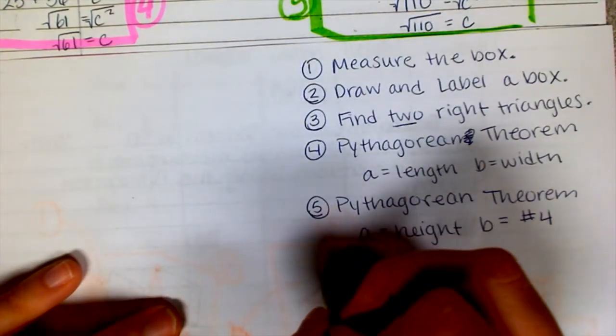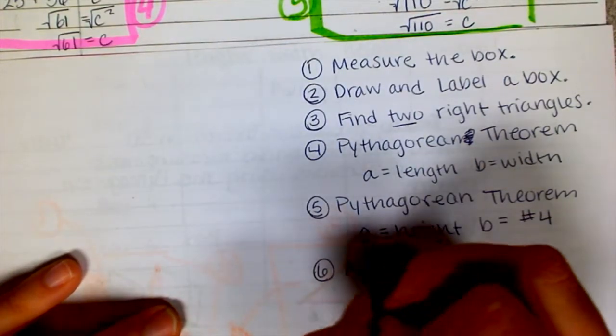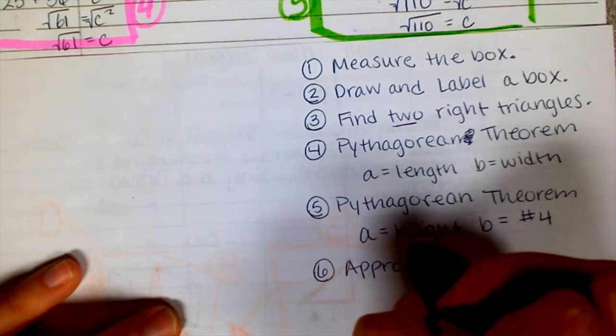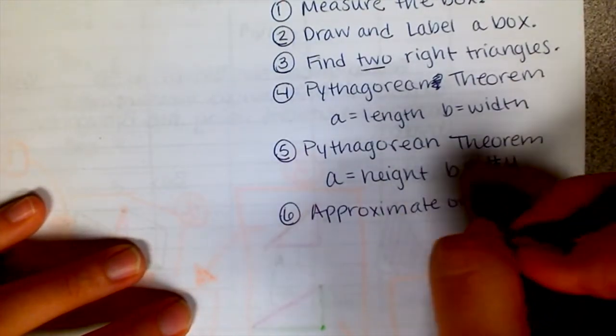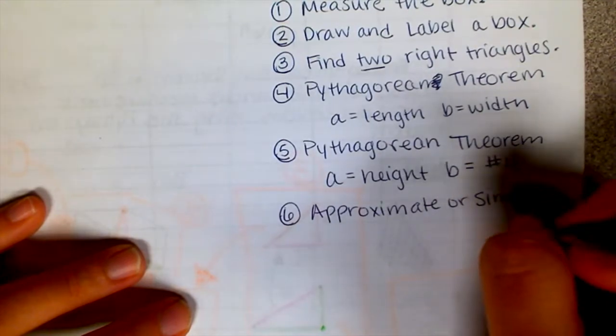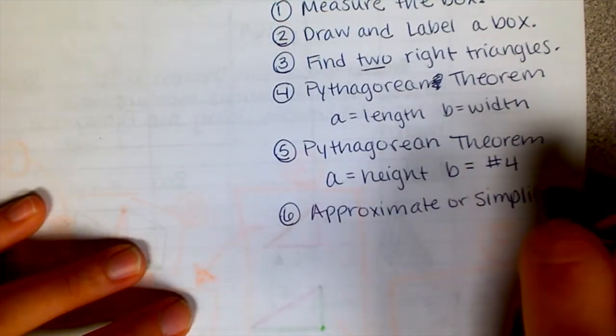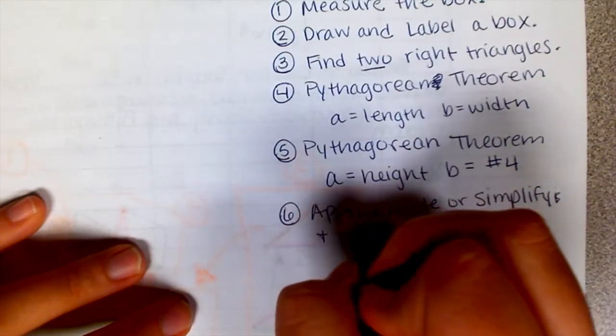And I would say step 6 would be to approximate or simplify, depending on your directions, and write a sentence.